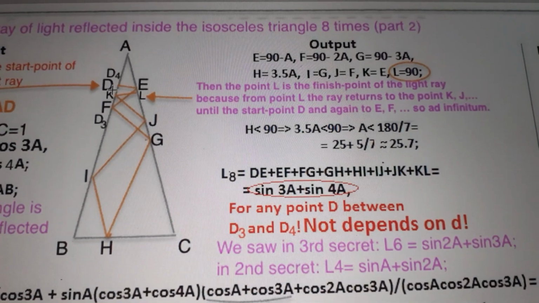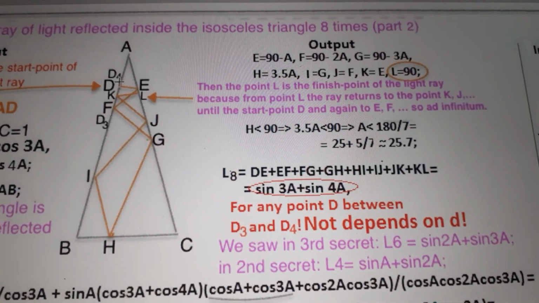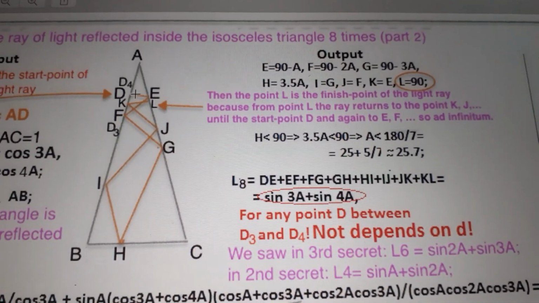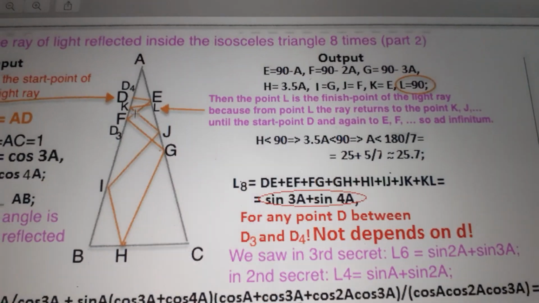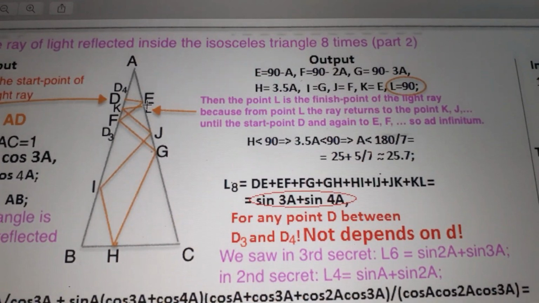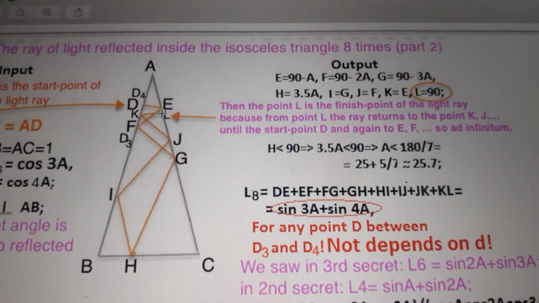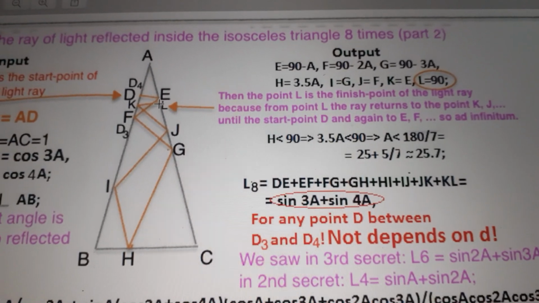It means the angle of the start of the light ray and the angle of the finish of the ray of light are perpendicular.